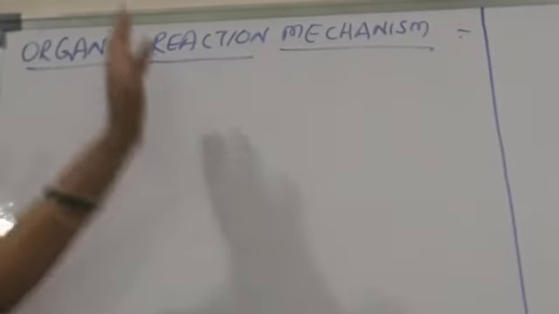In organic reactions, the reactant is also called the substrate. The substrate reacts with the attacking agent, which is called the reagent. Then we first get an intermediate, and from the intermediate, finally we get the product. That is the general organic reaction mechanism.